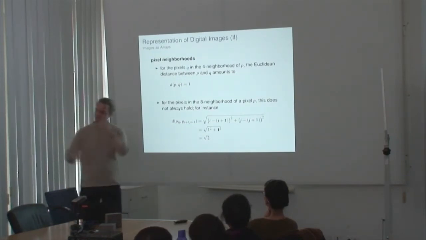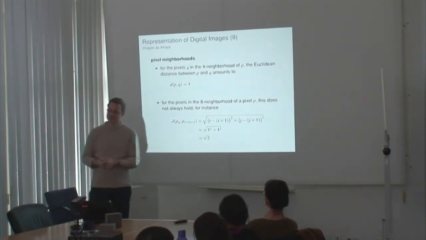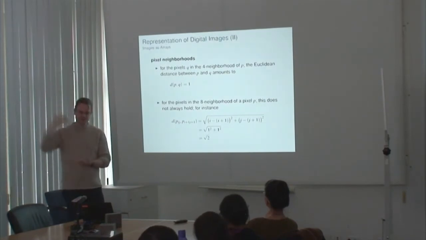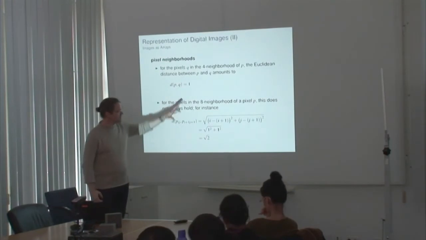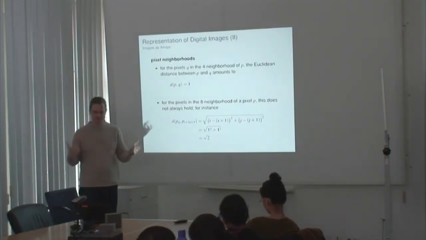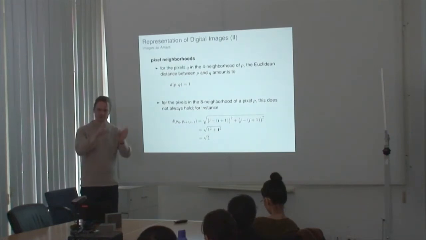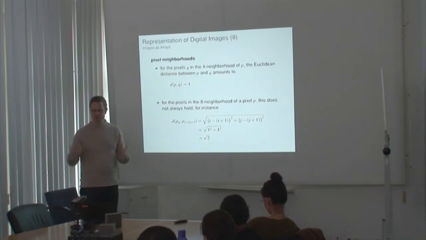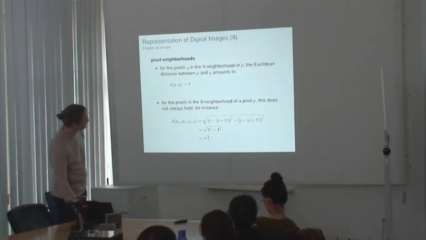And this is actually what distinguishes, in a sense, the 4 neighborhood from the 8 neighborhood: every pixel in the 4 neighborhood is at a distance of 1, whereas in the 8 neighborhood there are a couple of pixels that are immediate neighbors of the one we are interested in, but they are at a larger distance. Square root of 2 is slightly larger than 1.